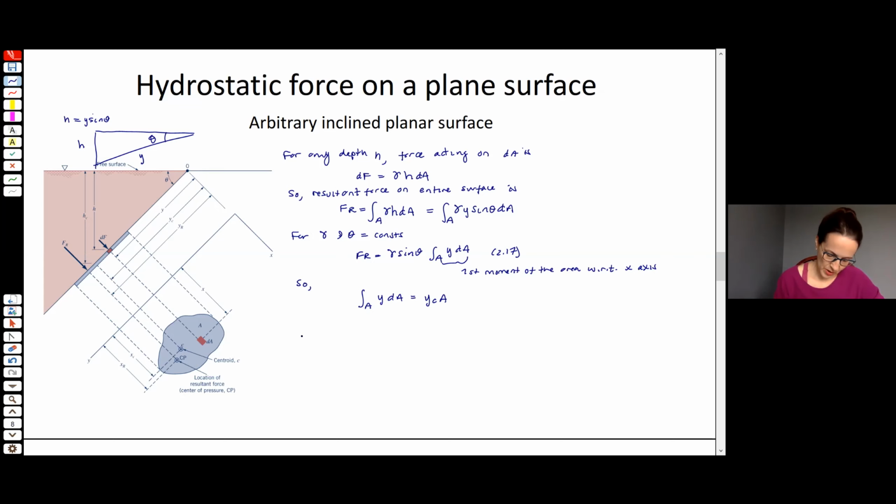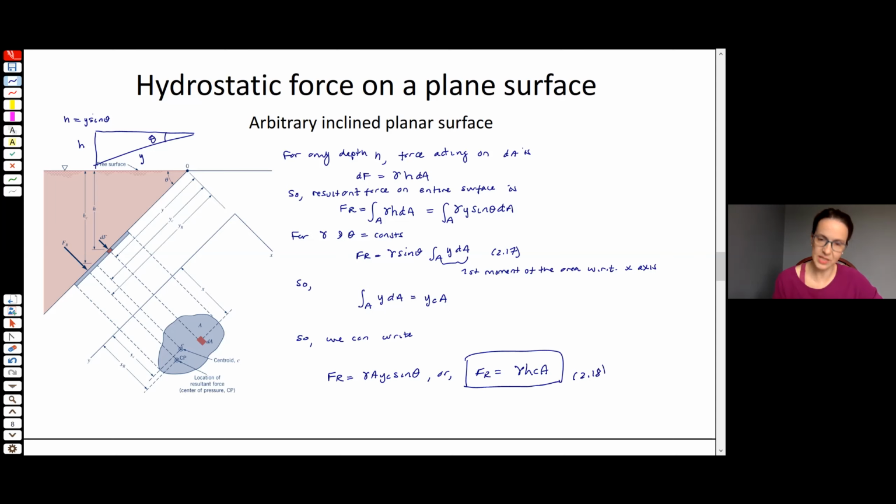Okay, so we can write this as the resultant force is equal to gamma A yC sine theta, or the resultant force is equal to gamma hC A.